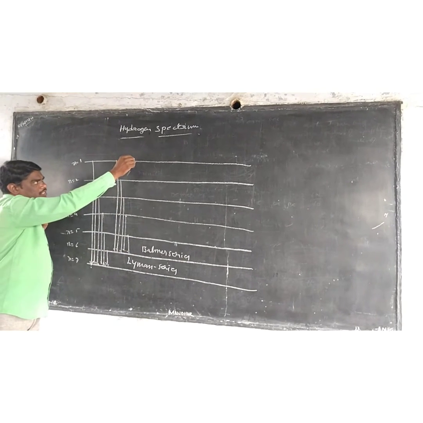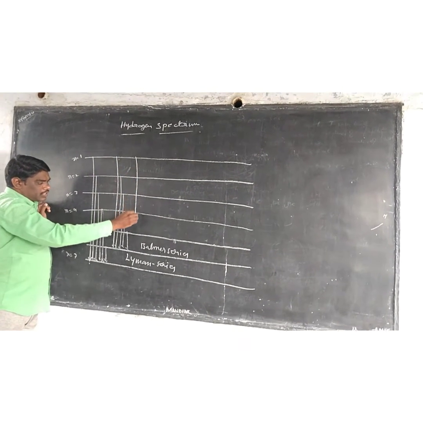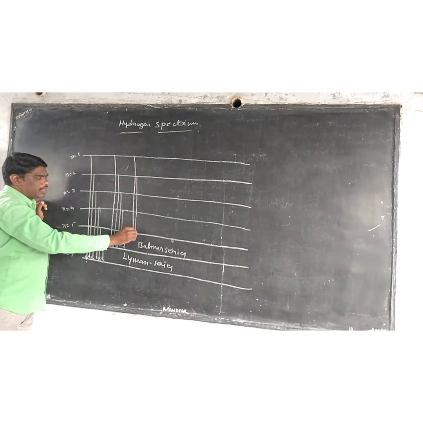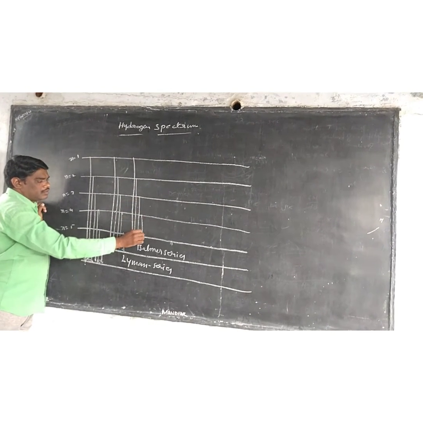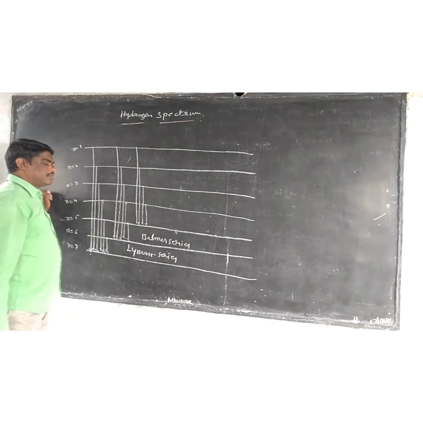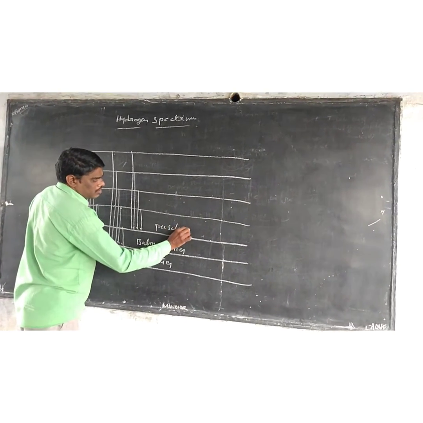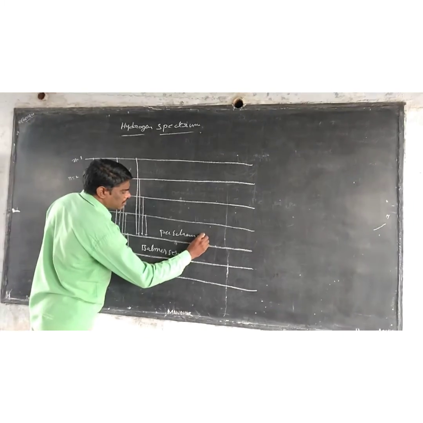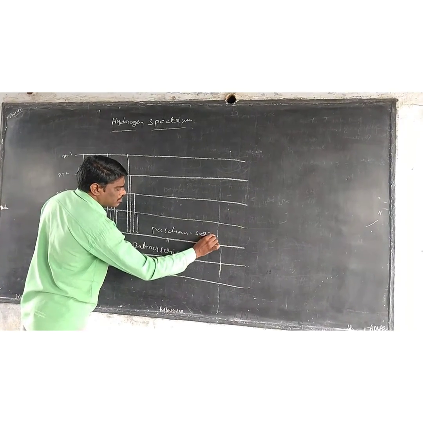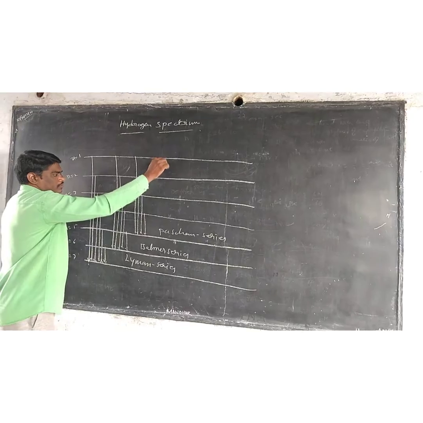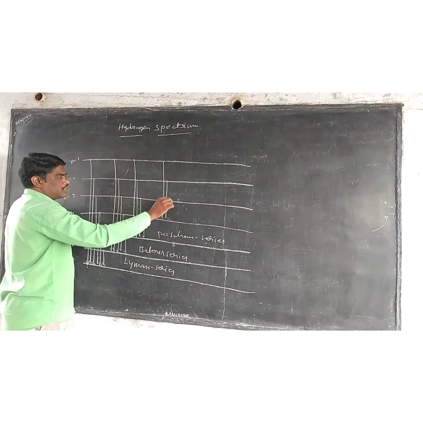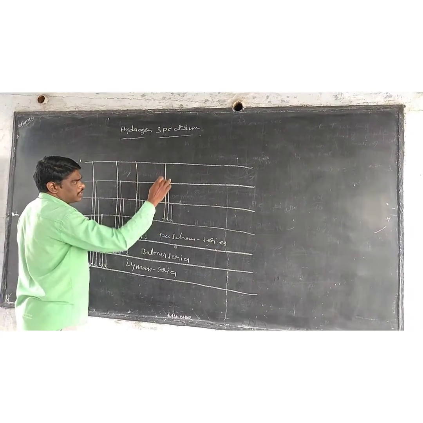Next is the third one. The splitting of spectral lines at n = 3 was identified by the scientist Paschen. This series is called the Paschen series. Next, the scientist Brackett identified these splitting lines.